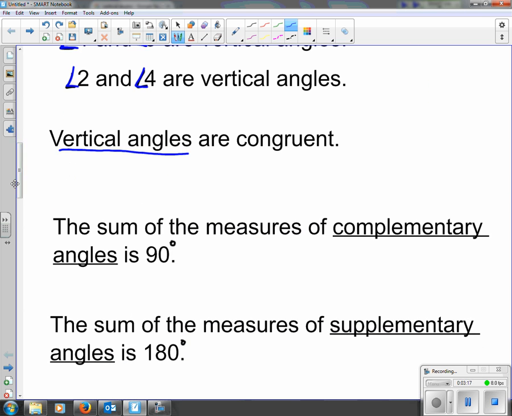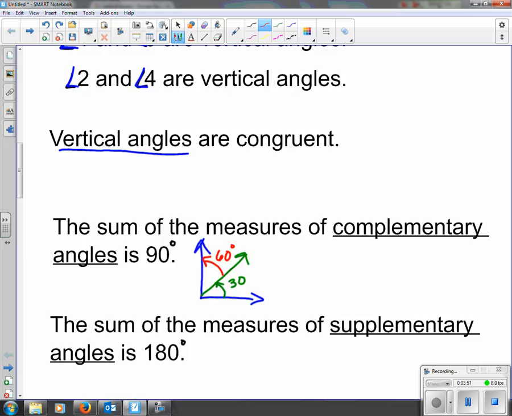The sum of the measures of complementary angles is 90 degrees. So here is an angle, and that is 90 degrees right there. But if I stick a line here, and I say this is 30 degrees, just making something up, and here is 60 degrees.